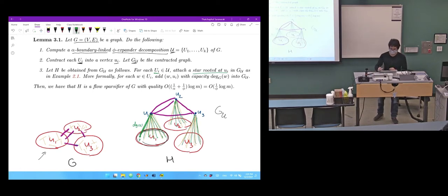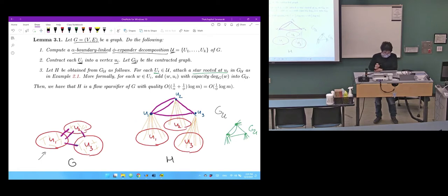Okay. So your graph is going to be some smaller contracted graph GU, and then for each part you have a star, like this. And now the claim is that this whole graph, which I call H, is going to be a flow sparsifier of G with quality something like log n over phi, or 1 over phi times log m.